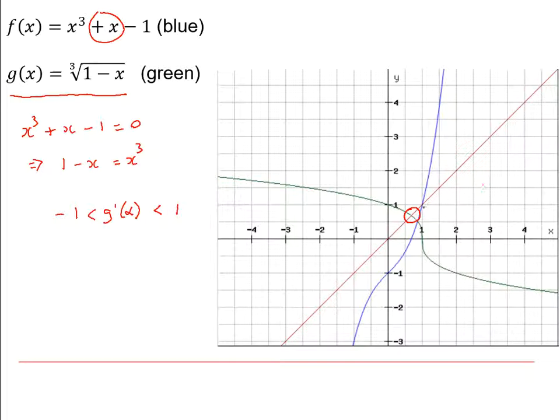And it's not quite as easy to see that it's greater than -1 this time, but we can, by looking at a line that's perpendicular to the line y = x. Obviously we're looking at doing that down here, and you can see the green line is not quite perpendicular to the red line.